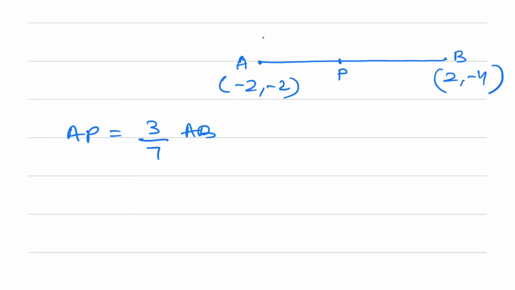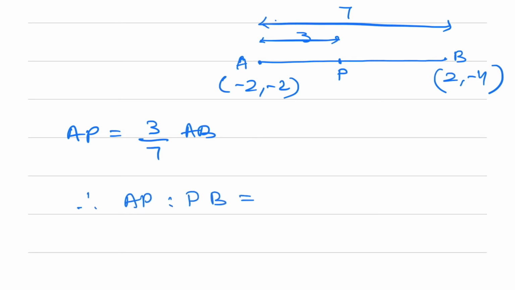So we are given the ratio of this to this. This is 3 and this is 7. Therefore, AP is to PB is equal to 3:4, since PB is equal to 7 minus 3, which is 4.